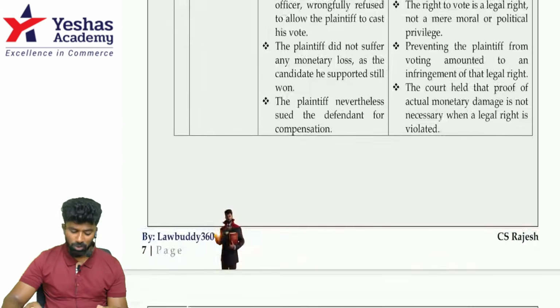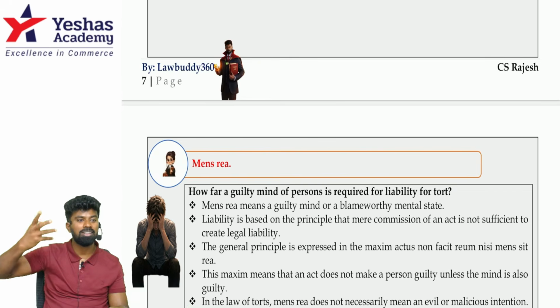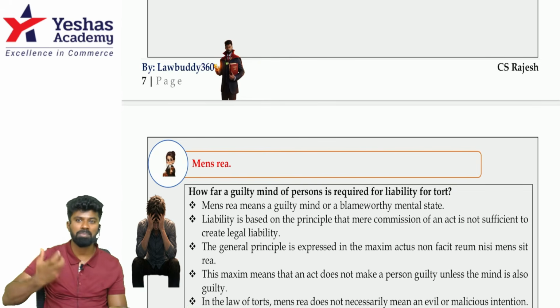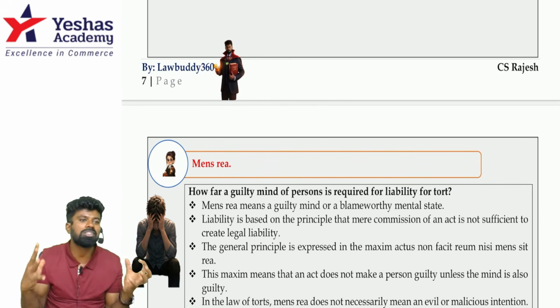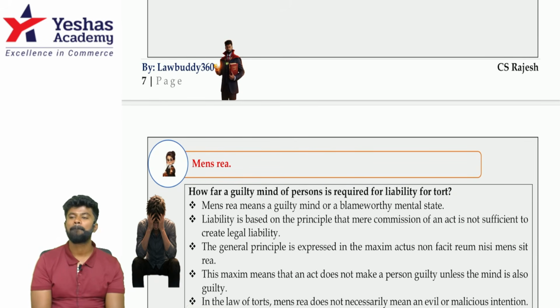Understood? Now we will discuss mens rea. What is mens rea? You guys tell me. Conscious exercise of mental faculties by a person with the intent of accomplishing something is called what? Mens rea.